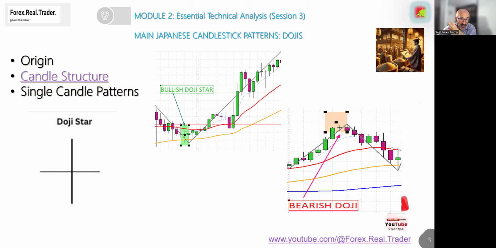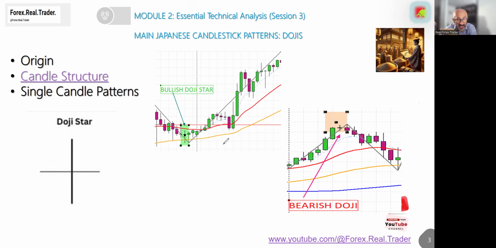Regarding the dojis that I want to show you, it is basically because they show indecision in the market, okay? So a doji pattern signals potential reversals, right?